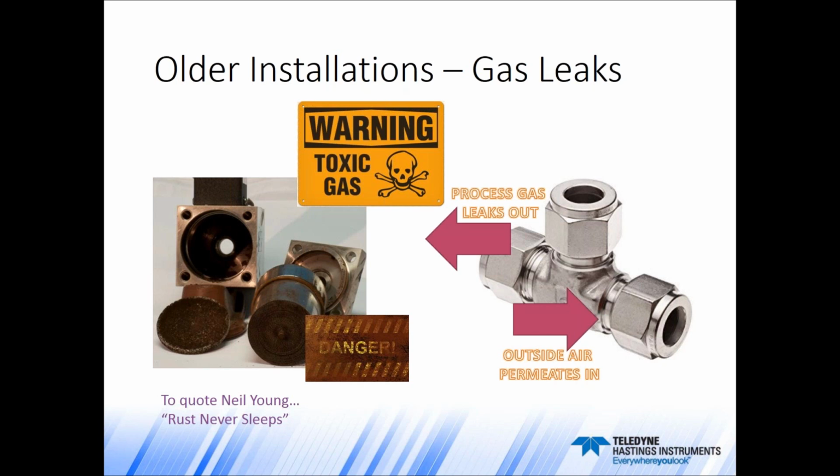Also, moisture and oxygen permeating into the flow path will slowly destroy the lines, will build up contamination in all your components, including the flow controller, damaging it and taking it out of control, but also influencing the process, the end result of what the system is supposed to do, in a negative way.